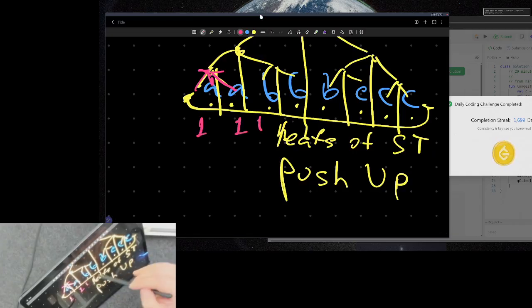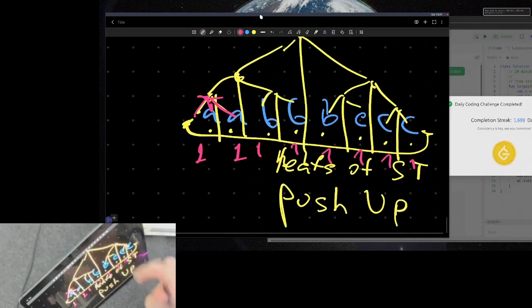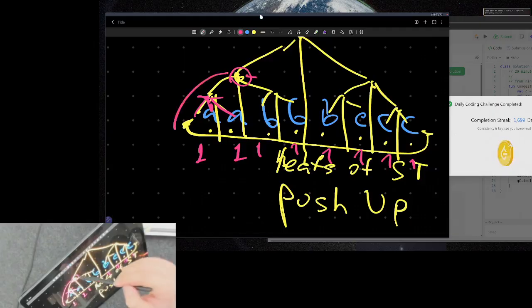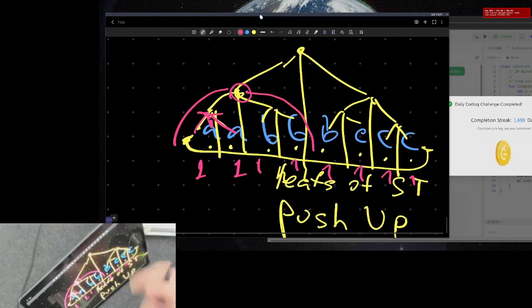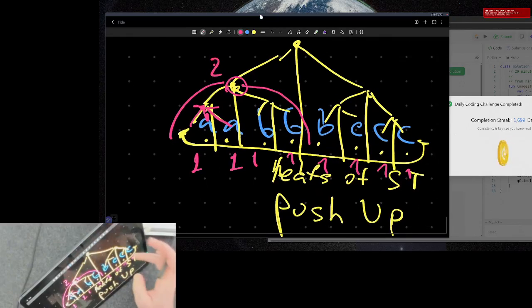So initially the maximum in each leaf is 1. The maximum is the maximum of repeating character in this range. By the way, each node has its own range, and each node would have the maximum. For example, for this node, the maximum would be 2 because it has 2 A's, 2 B's. This is how it works.